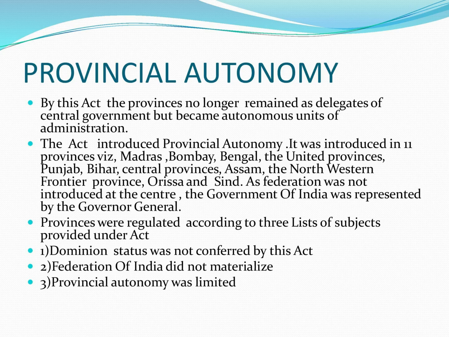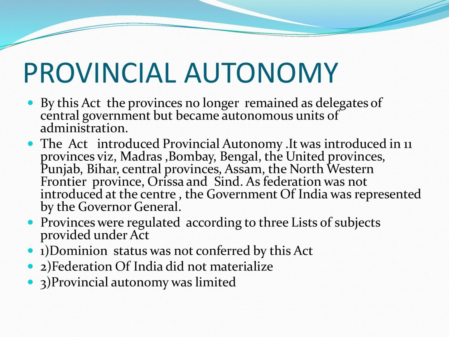The act introduced provincial autonomy. It was introduced in 11 provinces like Madras, Bombay, Bengal, United Provinces, Punjab, Bihar, Central Provinces, Assam, the North-Western Frontier Province, Orissa and Sindh. As federation was not introduced at the center, the government of India was represented by the Governor General.